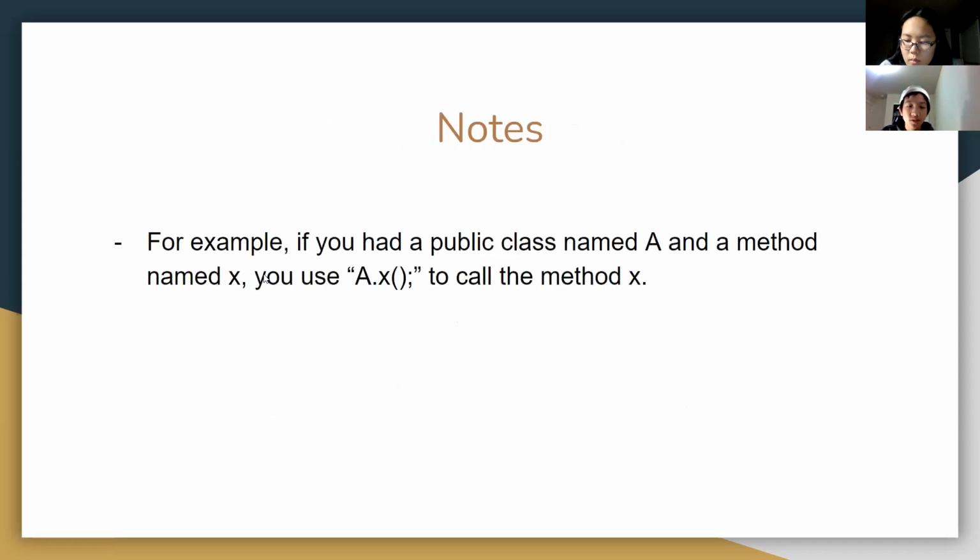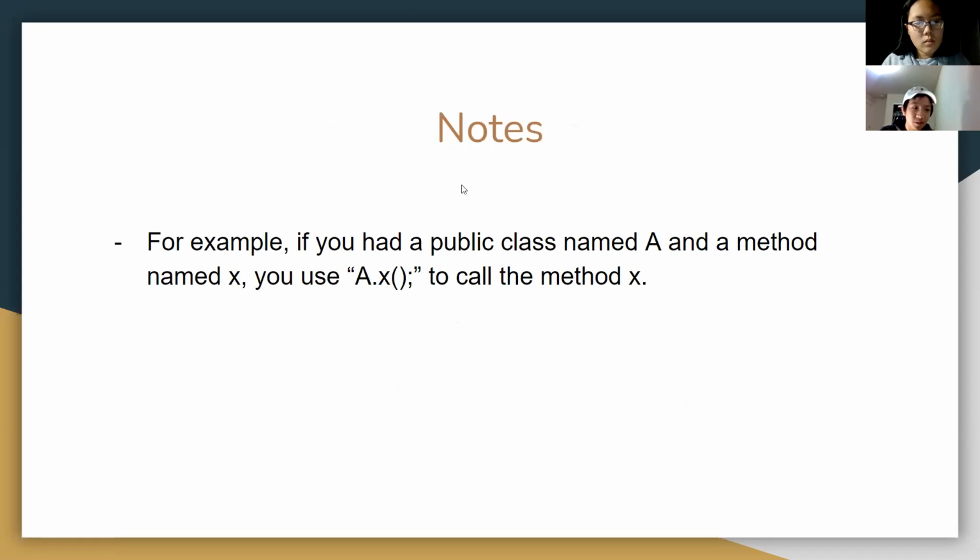All right, so here are a few notes. For example, let's say we had a public class named A, and we had a method inside of that class named X. Let's say this was a static method.